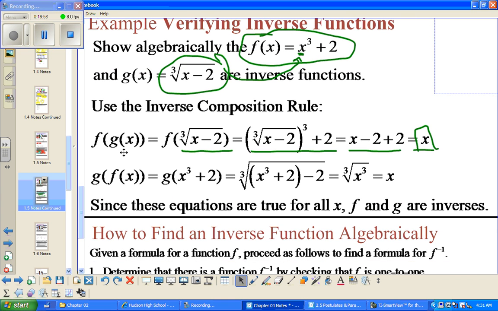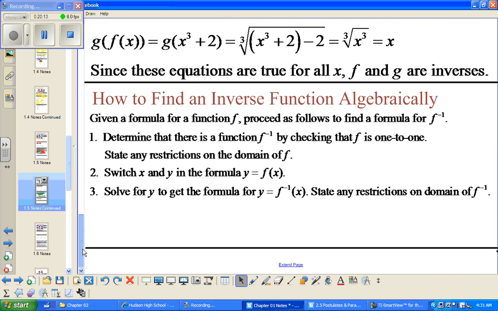So for instance, if g of x were the original function, and there were any restrictions on that domain, then they would carry through to the end. After you've determined that, switch x and y in the formula y equals f of x. Solve for y to get the formula y equals f inverse of x, and then state any restrictions on the domain of that inverse. That's it.